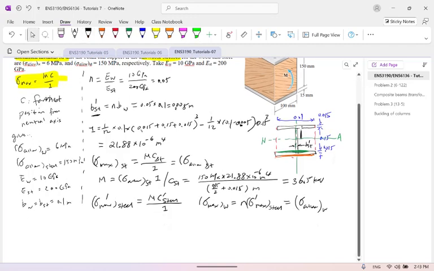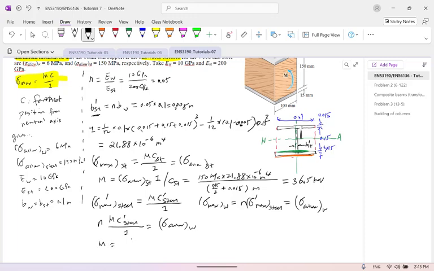So that means we can do further work: n M c prime steel over I equals sigma allowable wood. So M is sigma allowable wood times I over n c prime steel.